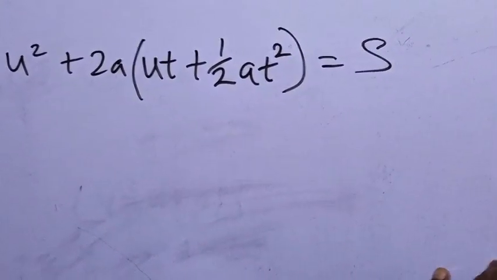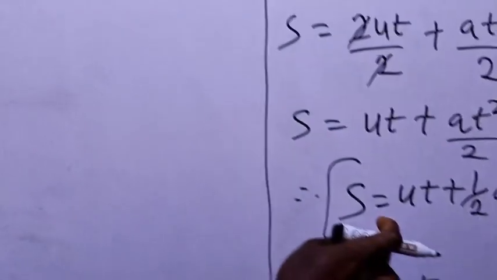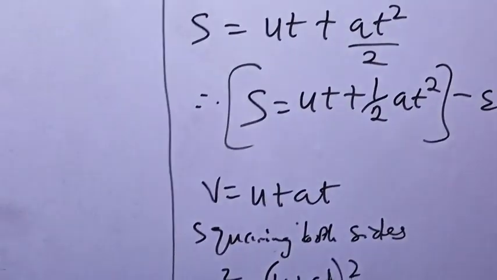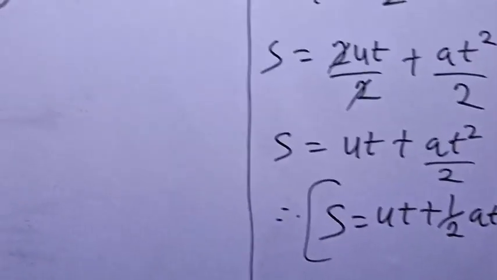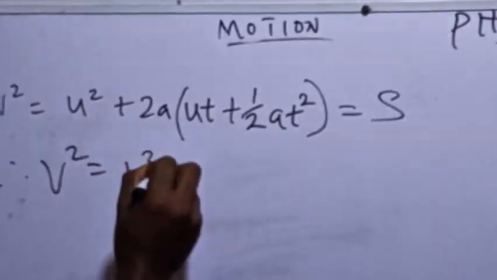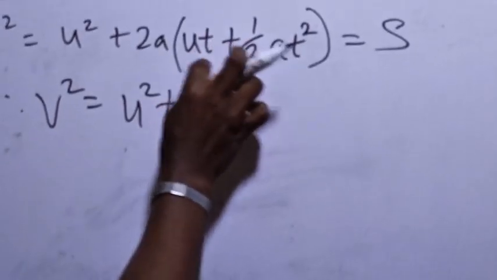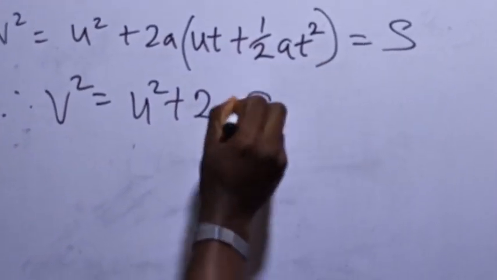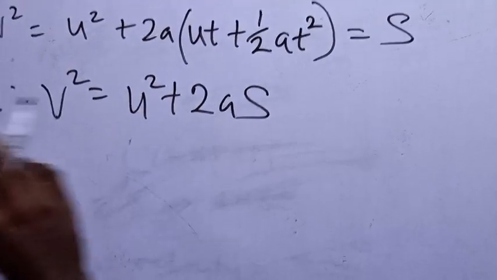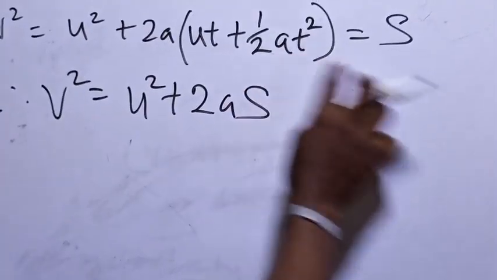That's equation 2. If you watch this, what we have here is also the same thing as what we have here in equation 2. Therefore, we can say that v square is equal to u square plus 2a. Instead of writing this, we just add x, which is the distance, because this is already a formula for distance.